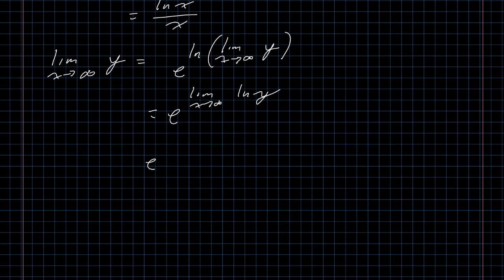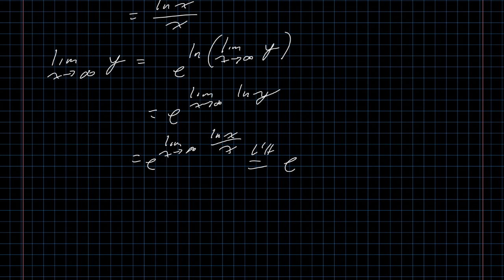So I have e raised to the limit as x approaches infinity of natural log of y, which is the same thing as natural log of x over x. And this limit is infinity over infinity indeterminate form. I can reduce it using L'Hopital's rule.